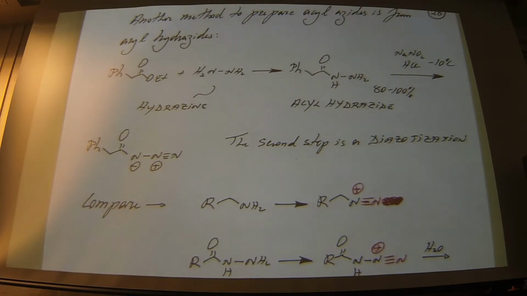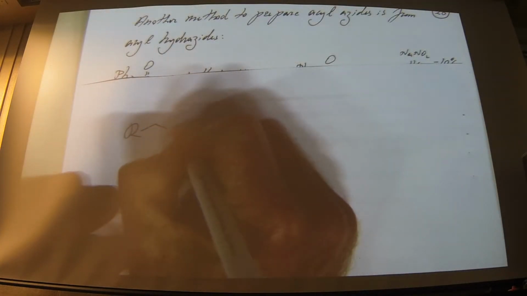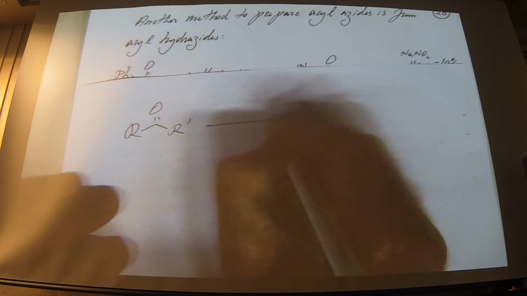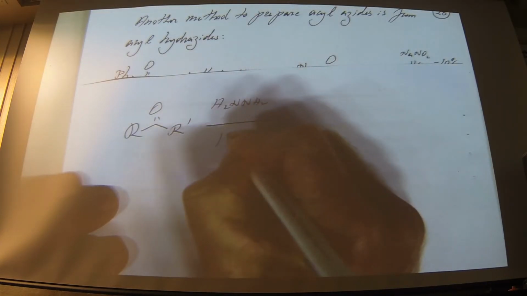Yeah, Wolff-Kishner reduction, remember? So if you want to take an aldehyde or a ketone down to methylene, then you treat it with hydrazine and strong base. That was the Wolff-Kishner. So if I have a ketone like this, I treat it with hydrazine. That's the reducing agent.